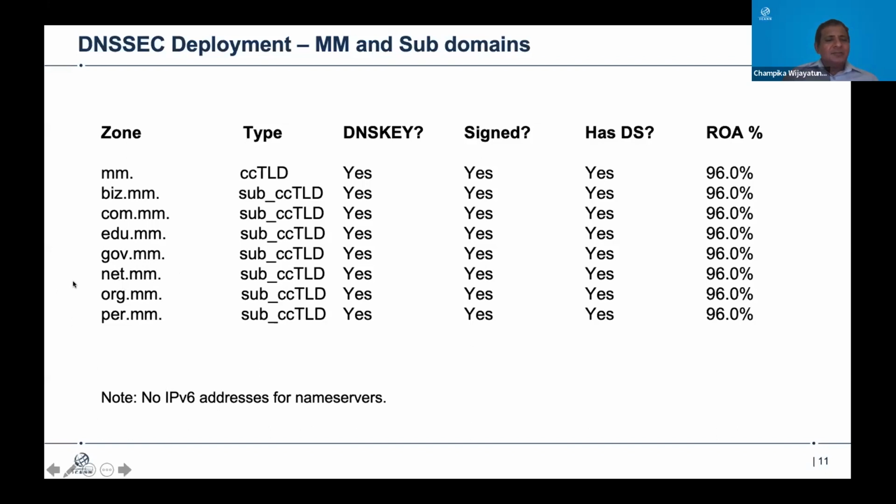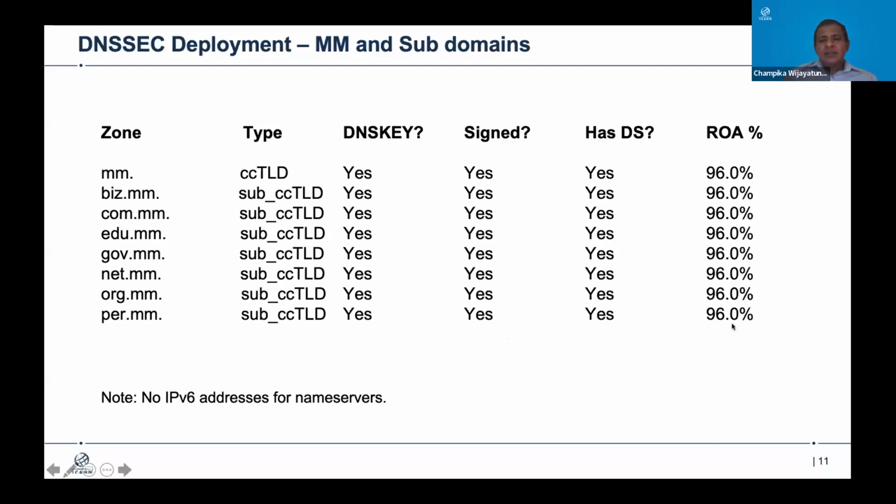So it is worthwhile to see whether mmnog.net.mm would sign. If you want to sign, then you have to delegate or propagate the DS records to net.mm. It is possible because they have signed. They can accept your DS record and then pass their DS records to .mm, and .mm would pass their DS record to the root. Okay. So that's the situation with Myanmar in terms of signing.